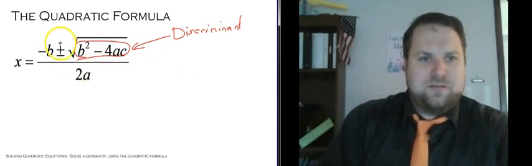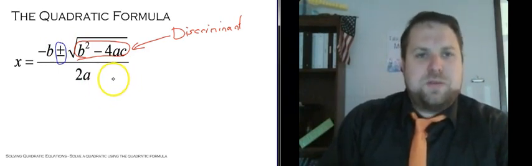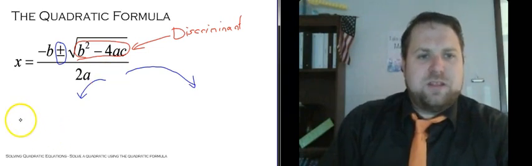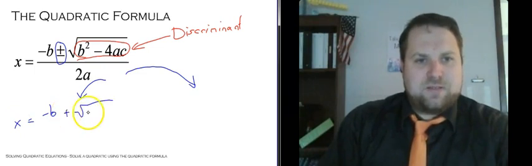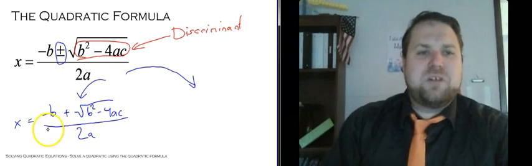Now the other part of this formula that I want to point out to you so that you notice it and recognize that it matters is this plus minus symbol. What this really means is that this formula is 2 formulas in one. So in one of these we would take x equals negative b plus the square root of b squared minus 4ac, all of that over 2a, and that's going to give me one of my roots.